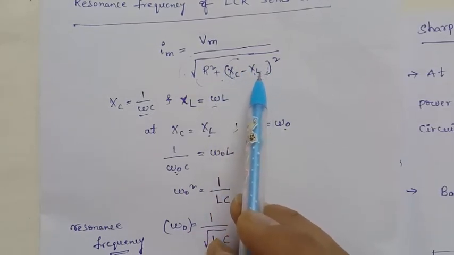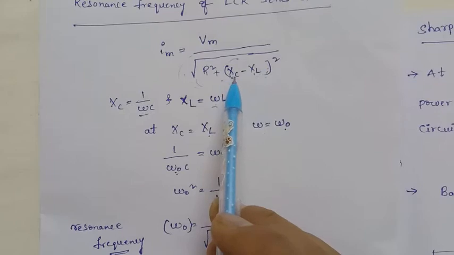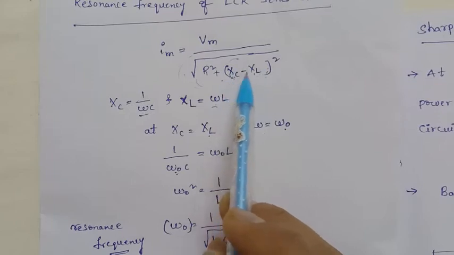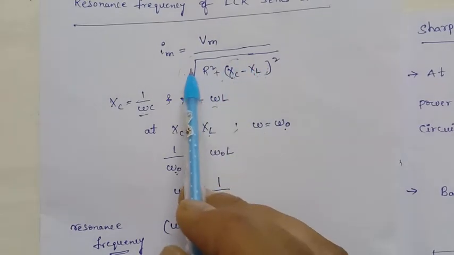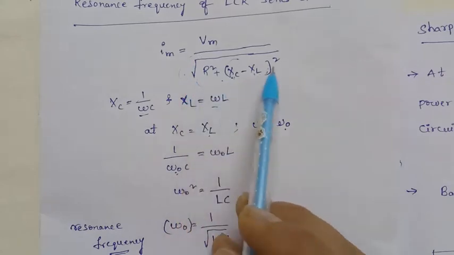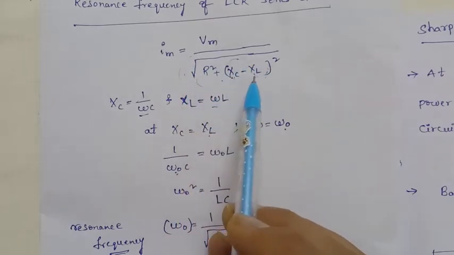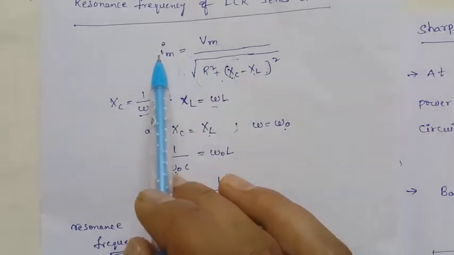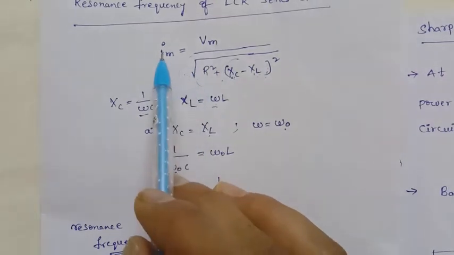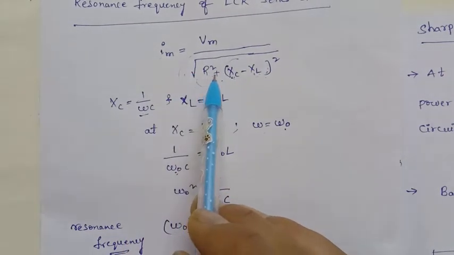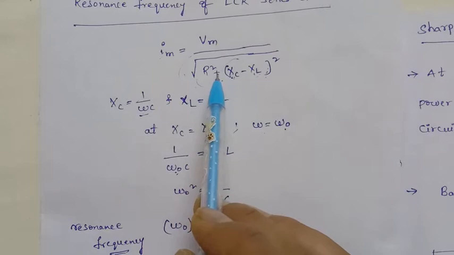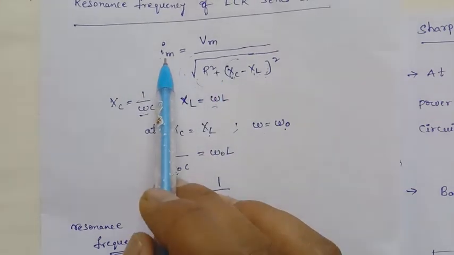Otherwise, if XL is greater than Xc, the impedance value also increases. If this denominator increases, automatically the current decreases. So the current depends upon the impedance. If the impedance is minimum, the current is maximum.